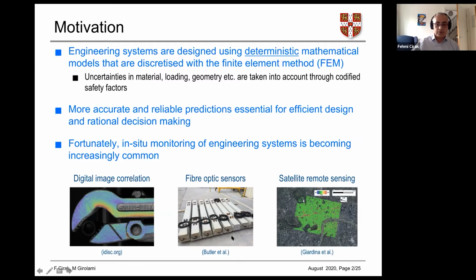In the next picture, this is one from CSIC, where fiber optic sensors are used in order to measure strains in train sleepers. And as you can see, when we go from left to right, the scales get larger and larger. On the far right, you can see city scale sensing of strains using satellite data.